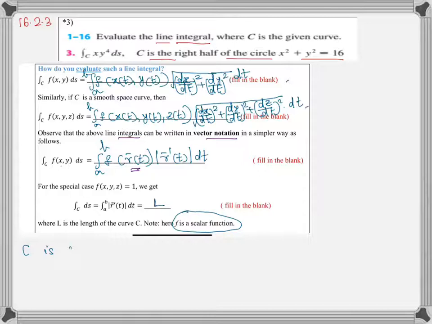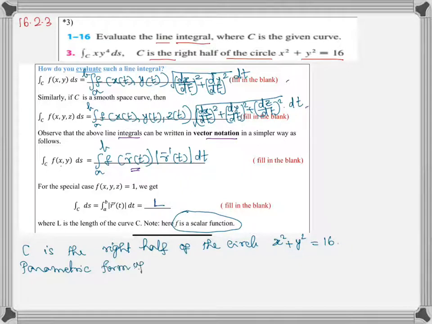Now for this problem, C is given to be the right half of the circle. So we have to parameterize that circle, x squared plus y squared equals 16. Parameterize the right part of the circle. So parameterizing the circle, we get the radius equal to 4.